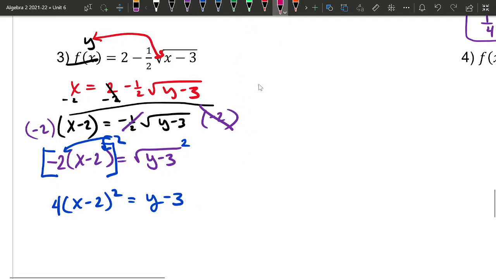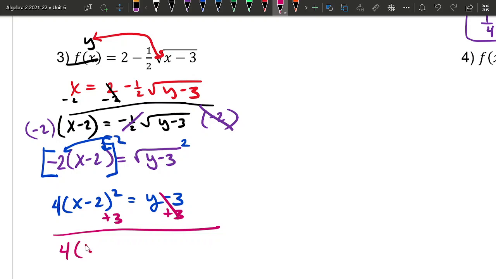And then the last step is to add the 3. So 4 times x minus 2 squared plus 3 equals y inverse, or f inverse of x.